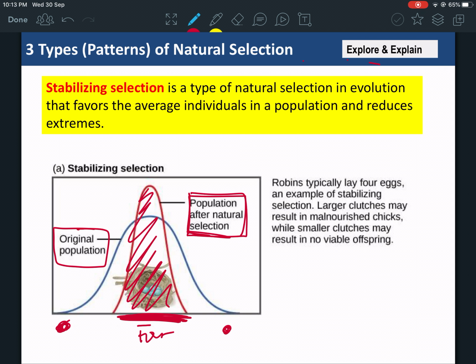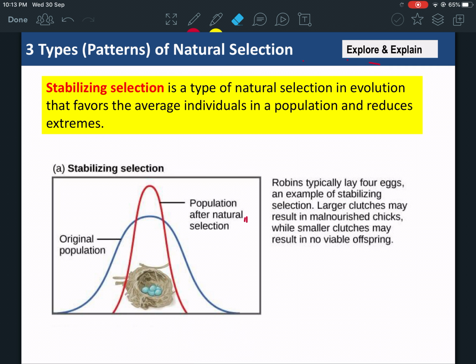No more robins laying less than 4, let's say 2 eggs, or 6 eggs. Those robins don't survive anymore, and only these do. This is what they mean by evolution or nature only favoring the average, which is here, and reducing the extremes, which are here and here. That's stabilizing selection.